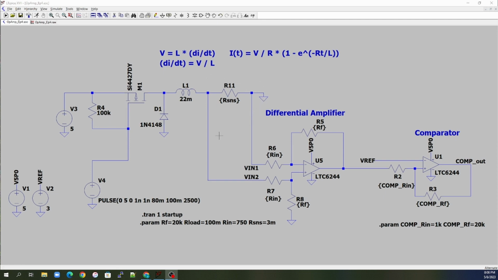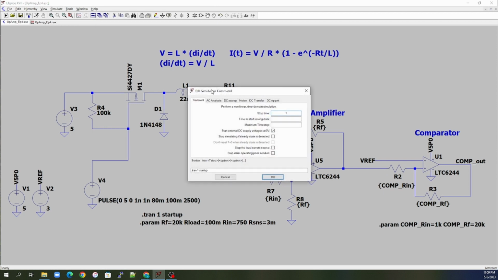It'll go through the ground, come back up the ground, and then through the diode. So the diode is our return path for when the switch is open, for the current from the inductor to flow and self-discharge. If that diode isn't there, we would see a really high voltage spike on the inductor. So let's just run this and see what we got.